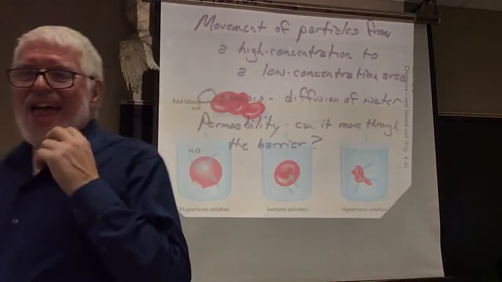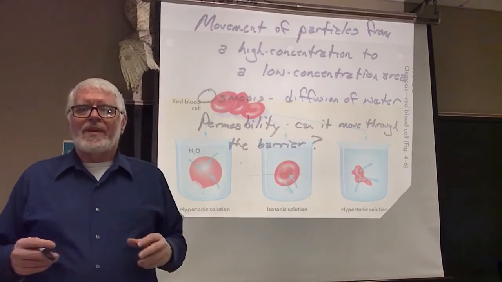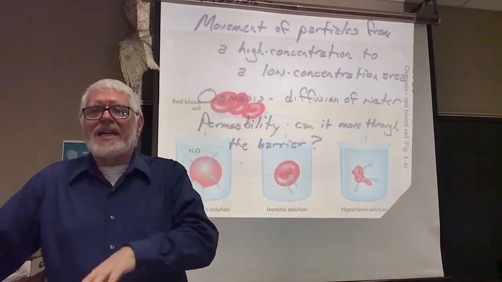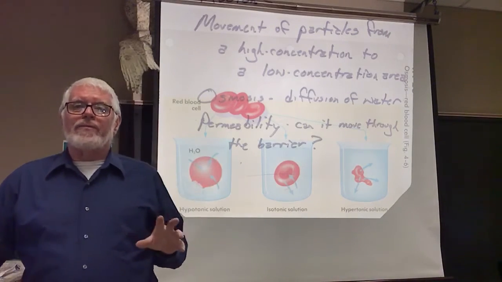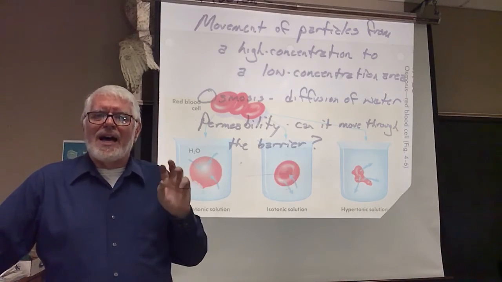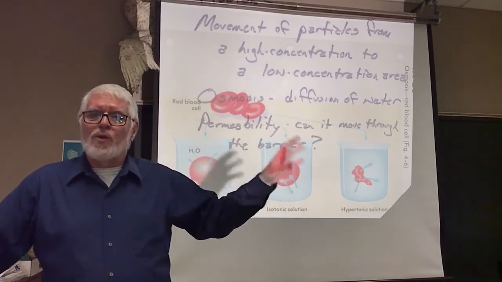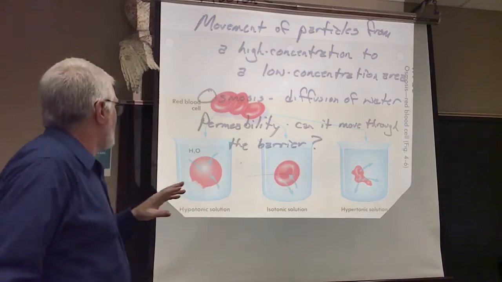Red blood cells. Red blood cells are a bag full of hemoglobin. Now, all of the cells in your body and your tissue fluid and the plasma in your blood have an equal concentration of water. So the amount of water is always the same. The other stuff is different. But if you're only interested in how the water moves in and out of cells, then everything is in balance.